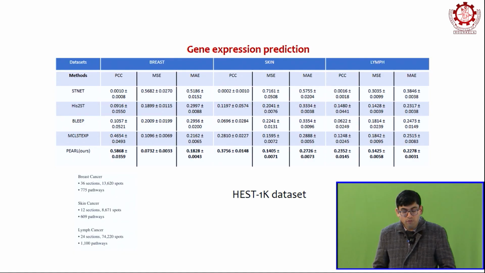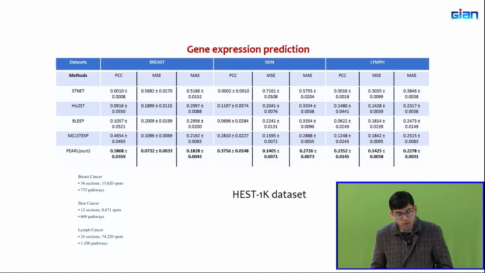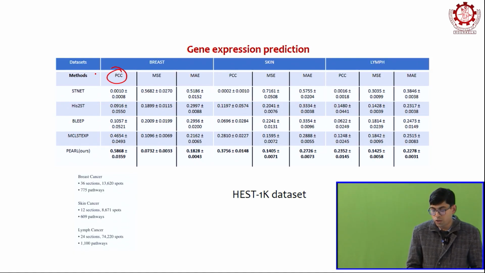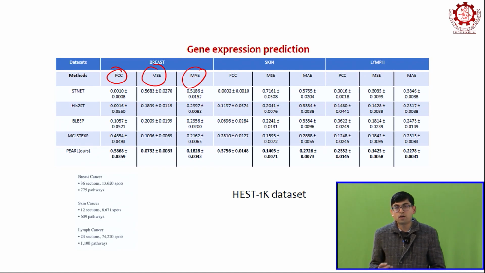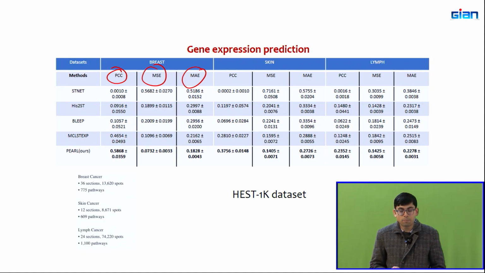And we saw that when we took into account the pathway scores for our contrastive learning, we found better performance. The metrics that we used were the Pearson correlation coefficient, the mean absolute error, and the mean squared error. Across the board for breast, skin, and lymph cancer, we see that our performance was much better compared to models that did not take pathways into account.